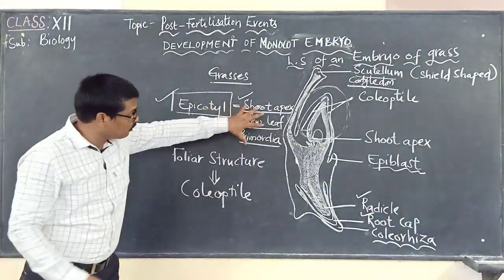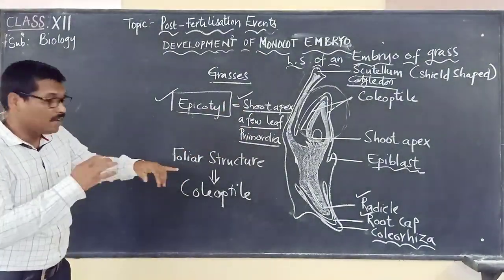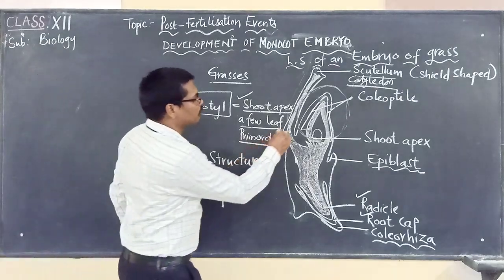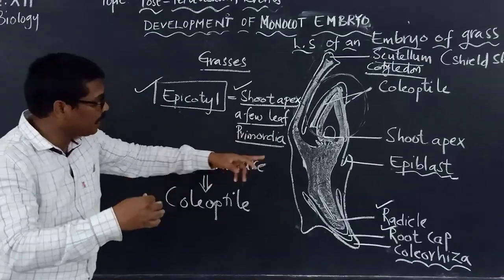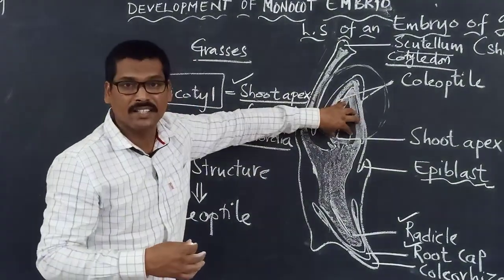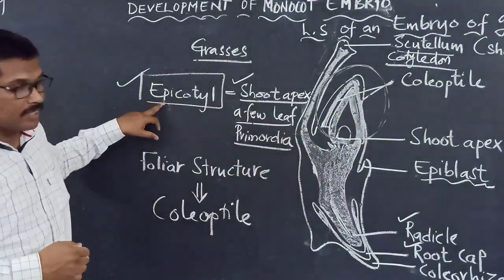This epicotyl is completely enclosed by a foliar structure called the coleoptile, like a leaf enclosing the main part.